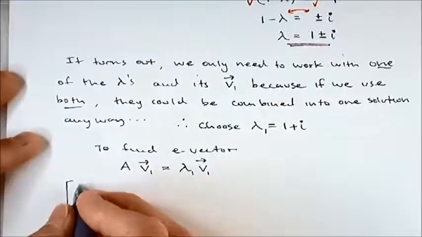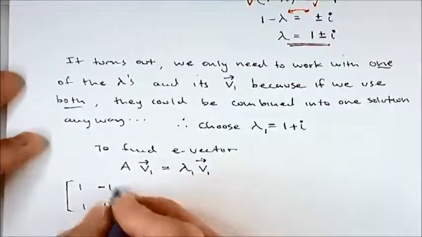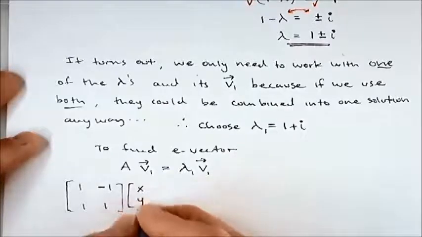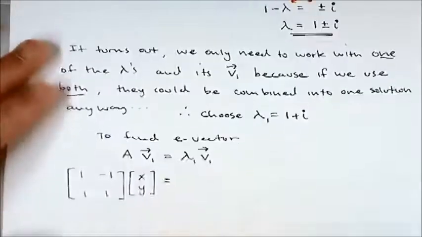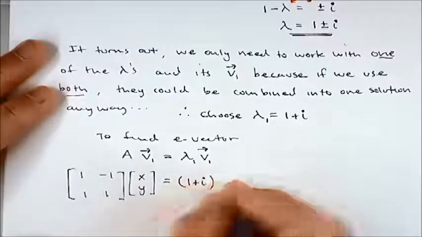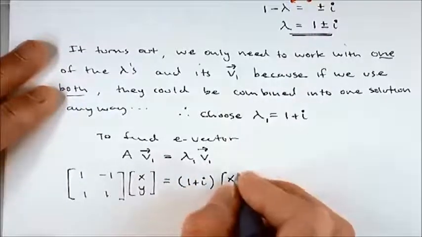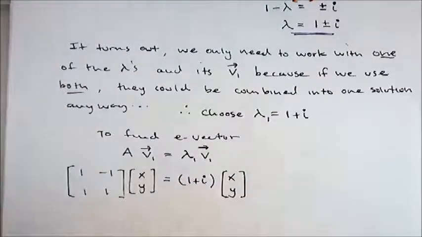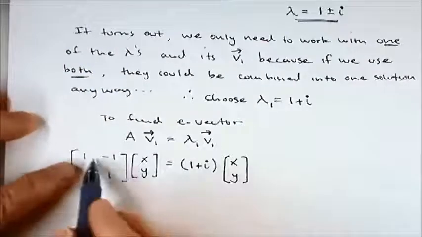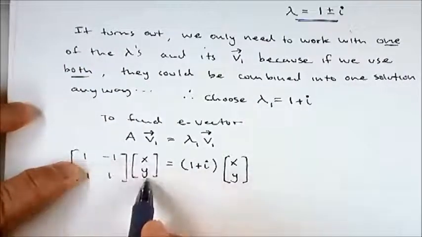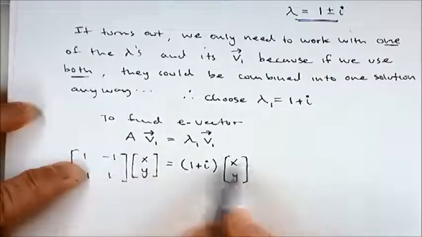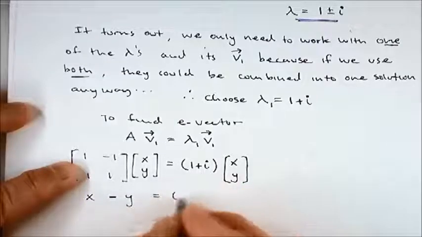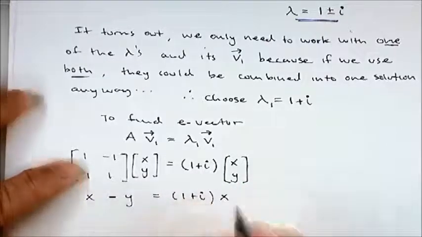So I would take my matrix 1, -1, 1, 1 times my vector, which is to be determined, x, y. It always looks a little weird when you're working with these imaginary numbers, but it works out okay. So if I multiply out the first row times this vector equals the top number, I end up getting x minus y equals 1 plus I times x.